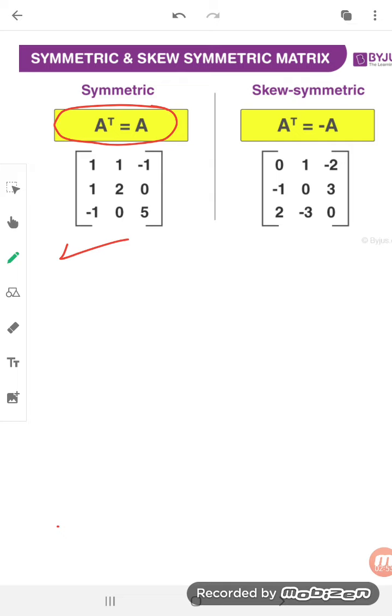If we find the transpose of this matrix, AT equal the first row 1, 1, negative 1 became the first column 1, 1, negative 1.